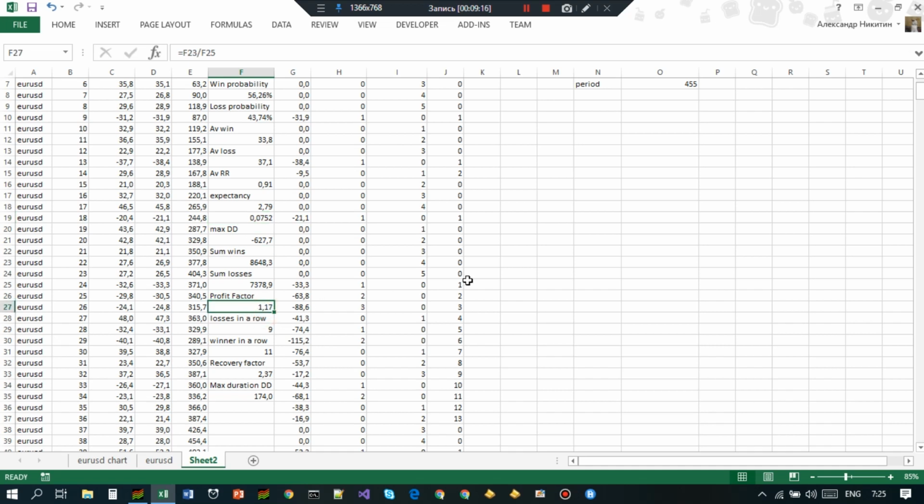And the profit factor is another important item. It tells you that you have a return of $1.17 on each and every dollar spent as a stop loss. So if you lose $1 as a stop loss, you have 1.17 back.